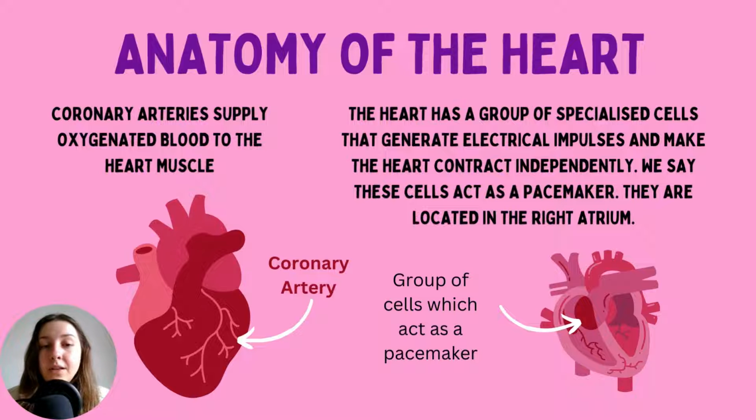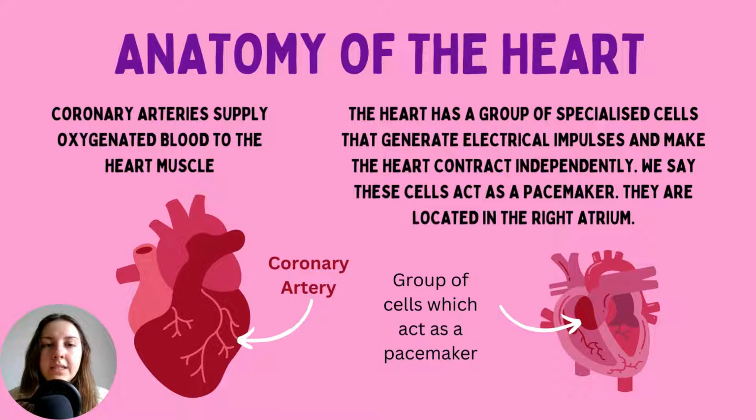So, not just that, but the heart, like I said, is able to contract in a way that is involuntary. And this is because there are a group of very specialized cells found at the top atrium on the right hand side. And this is essential for allowing that contraction to occur. This is actually a network of fibers that conduct electrical impulses. It's part of the nervous system.